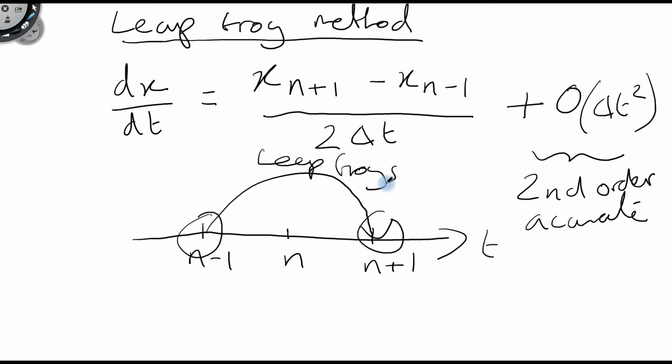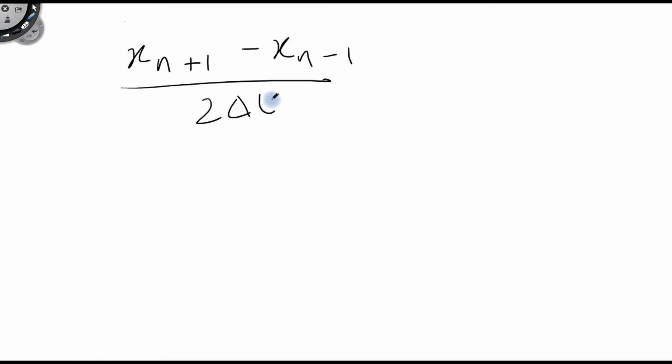So that's the approximation we explore. If we now do the entire ODE, on the left hand side we have x_{n+1} minus x_{n-1} over 2 delta t, our second order approximation to dx by dt. And on the right hand side, we have a function evaluated at step n. That is our leapfrog formula.